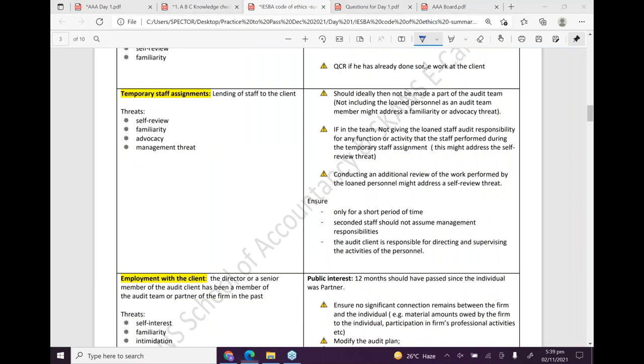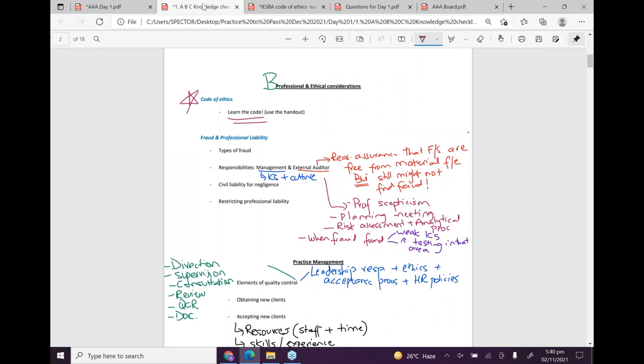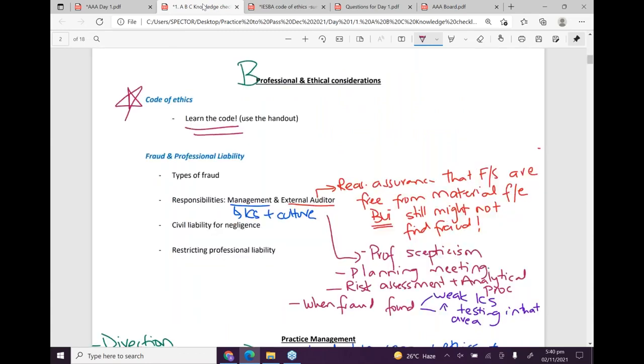If anyone has taken this exam before, you would see that this is one of our favorite ethical issues to test. And you could easily get up to 7 marks in explaining what the threats are and subsequently what the safeguards are as well. So the only recommendation I have for professional and ethical considerations part 1 is please use the handout to learn the code. It will make your life and marks very, very easy.